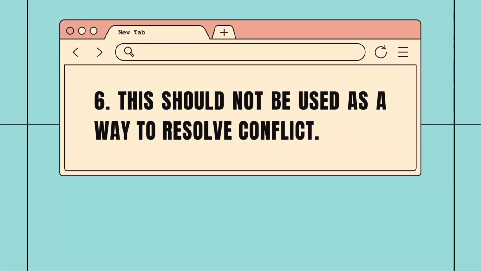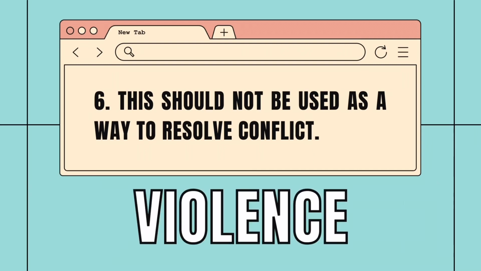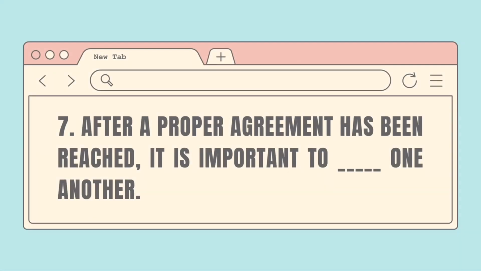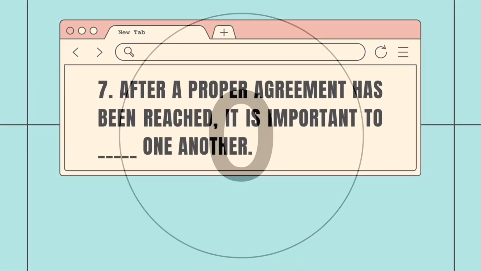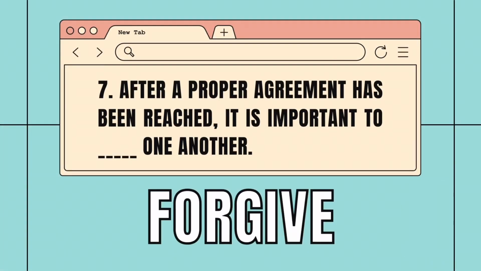The correct answer is violence. For number 7, after a proper agreement has been reached, it is important to blank one another. The answer is forgive.